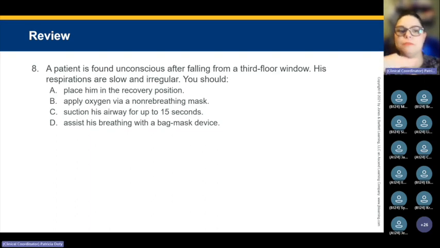Let's go back. Number 8, a patient is found unconscious after falling from a 3rd floor window. His respirations are slow and irregular. You should A, place him in the recovery position, B, apply oxygen via non-rebreather mask, C, suction his airway for up to 15 seconds, or D, assist his breathing with a BVM.